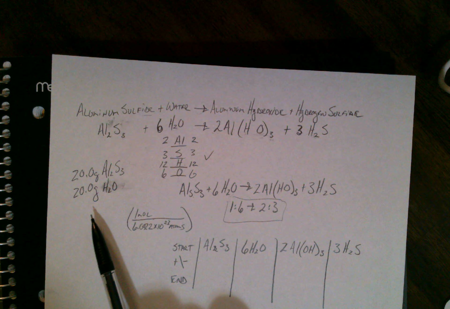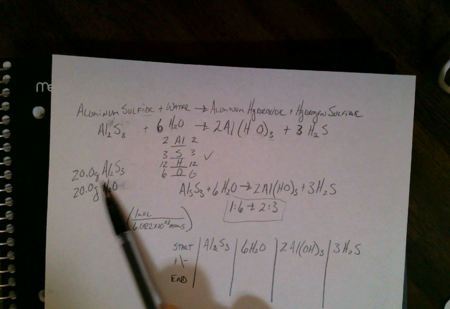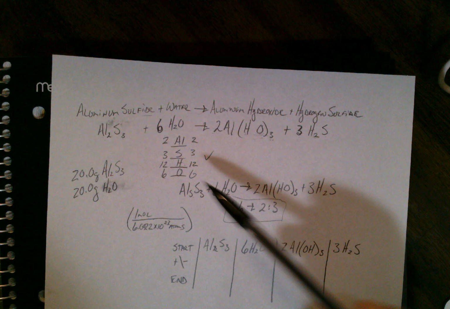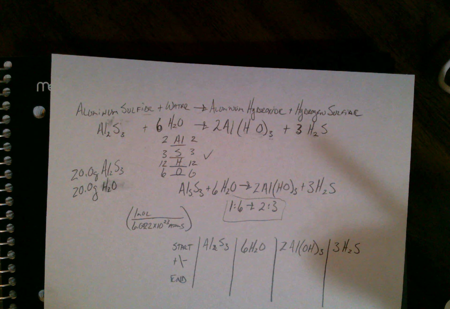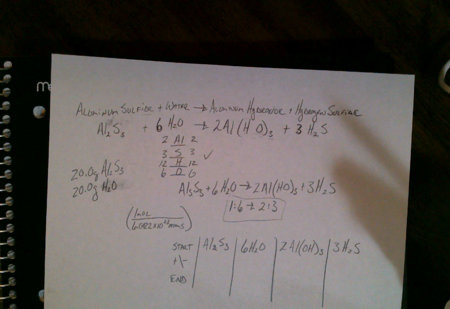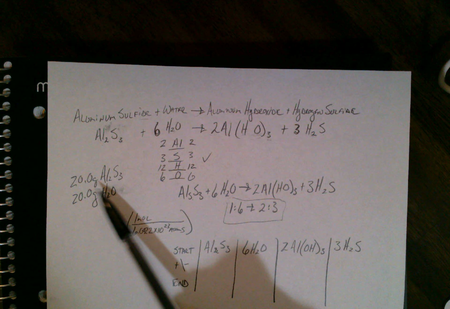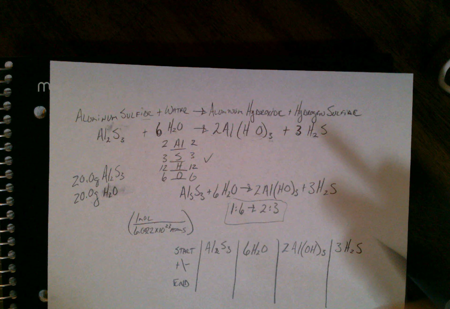So, saying 20 grams of water, it's not going to be the exact same amount of atoms that we have in 20 grams of aluminum sulfide. It's just not. They weigh different things. They're different sizes. Like the different elements. They're completely different. So you can't say that 20 grams, I mean, 20 grams is equal to 20 grams as far as they weigh, but that's not going to be the same number of atoms.